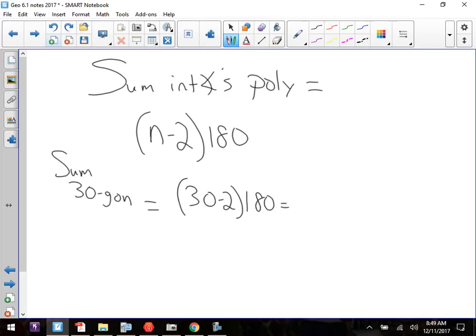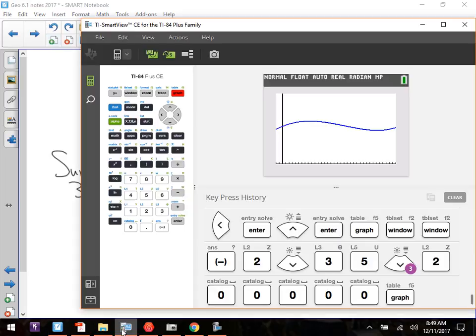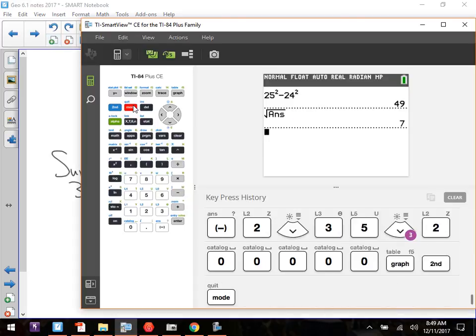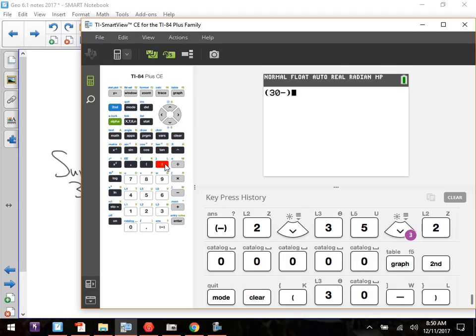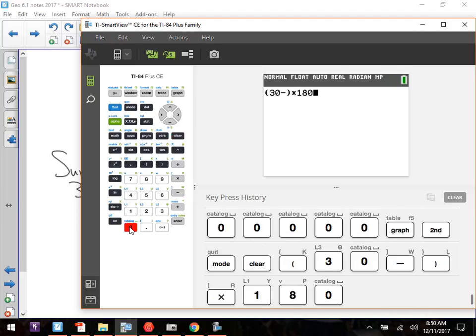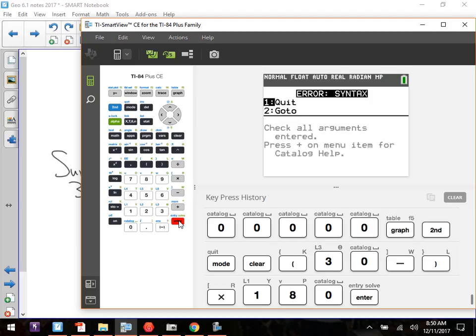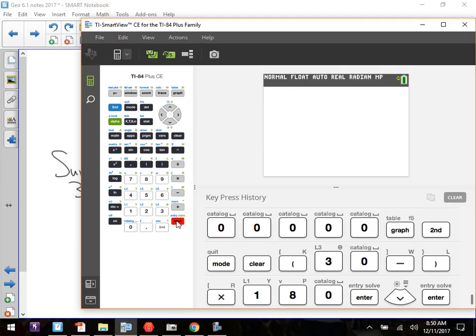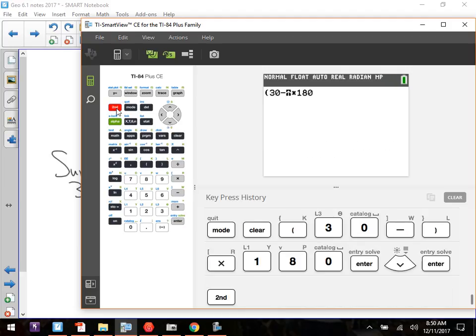When you do this, you can quite literally just throw it in as is. Parentheses, 30 minus 2 times 180. You get that. All right. So it works. It all goes out real nice and clean for you, okay?